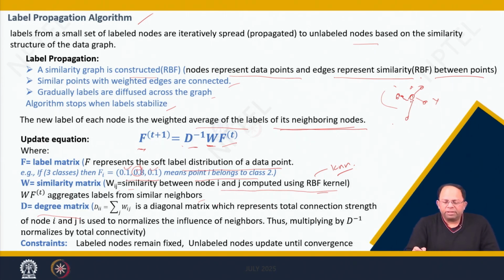It's a diagonal matrix that represents the total connection strength of node i and is used to normalize the influence of neighbors, thus multiplying by D to the power minus 1 normalizes the total connectivity.